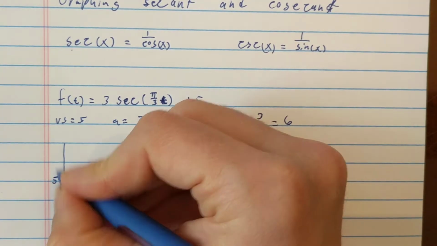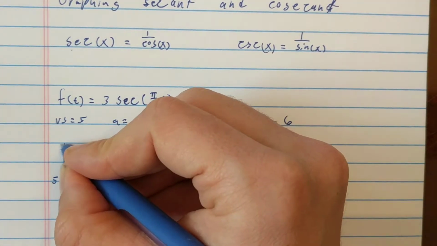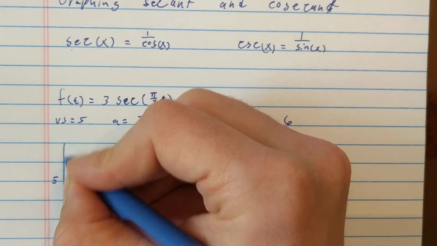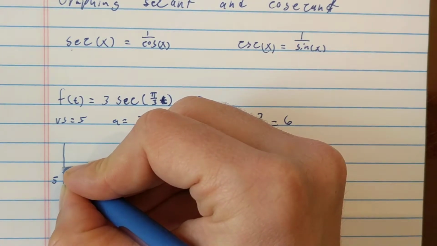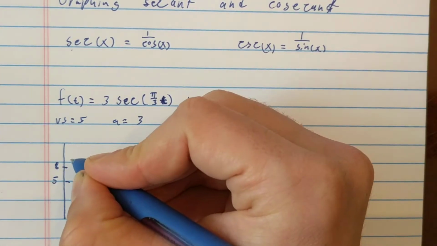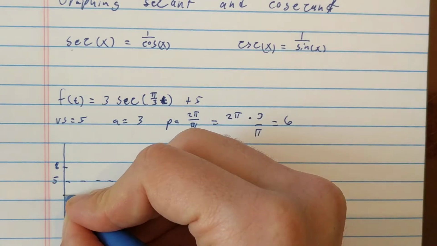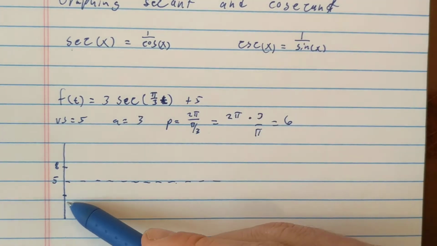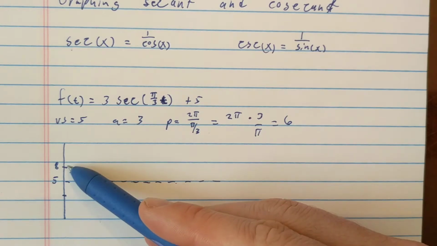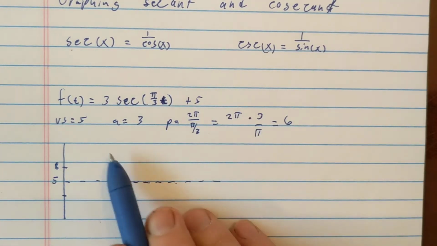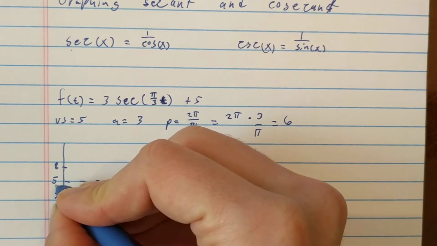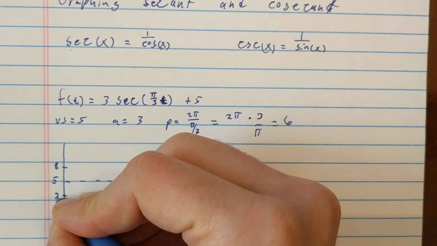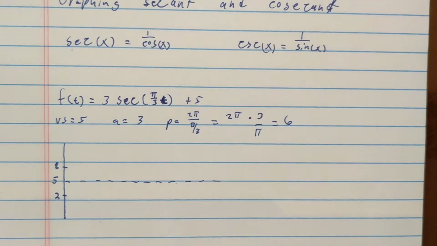Amplitude is 3. Usually when we graph sine and cosine, we put it all the way up here. Up 3 would be 8, but I'm actually going to put 8 right here, not very high at all, mostly because our actual secant graph will take place above 8 and below 2. So 5 plus 3 is 8, 5 minus 3 is 2.